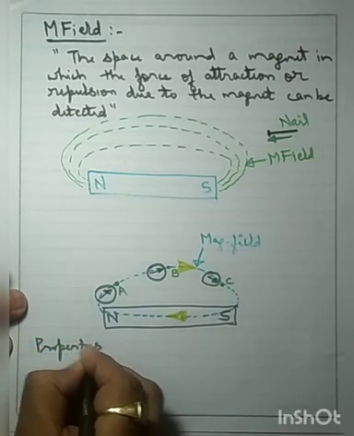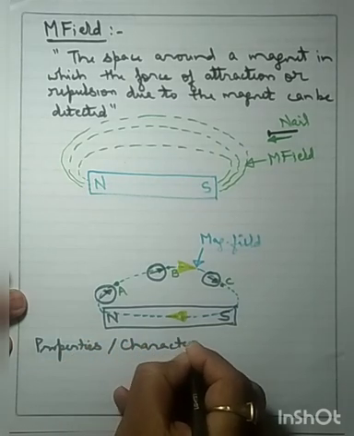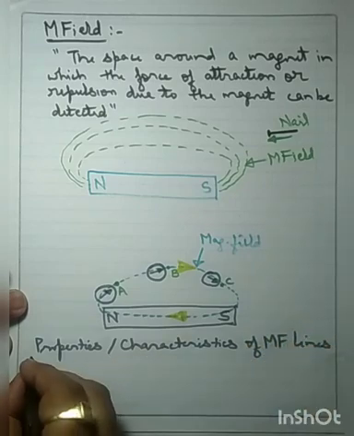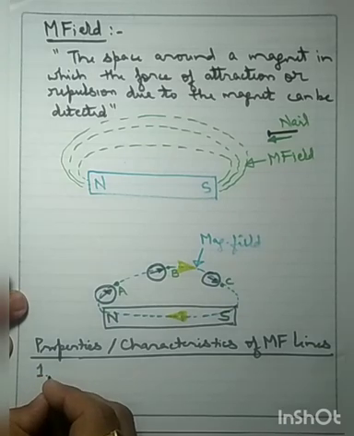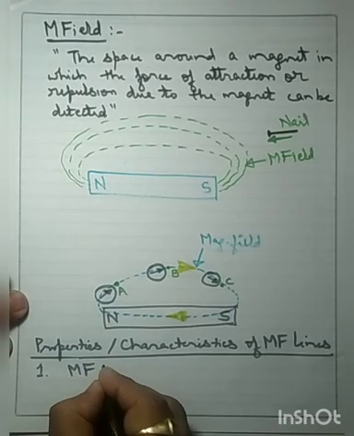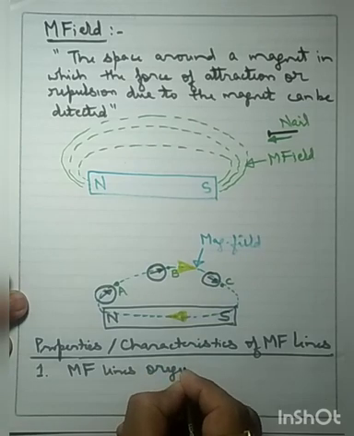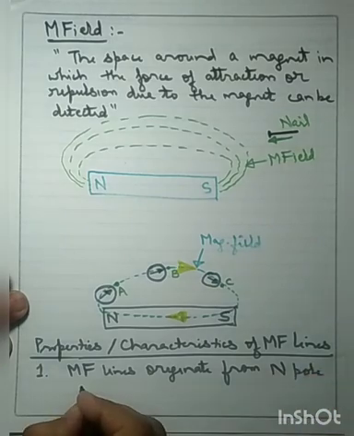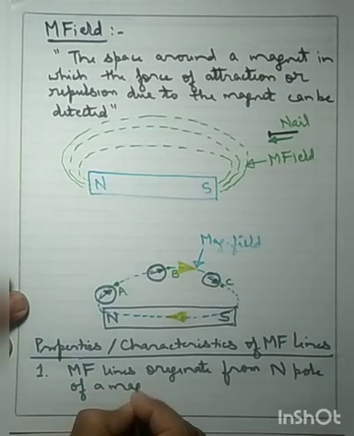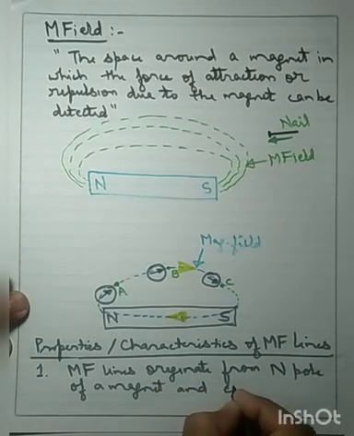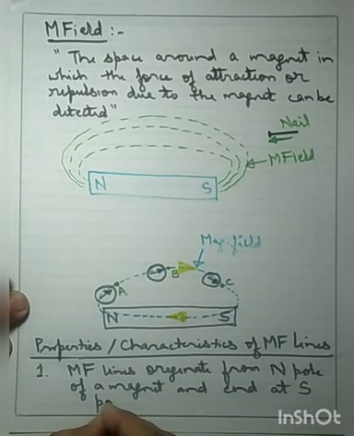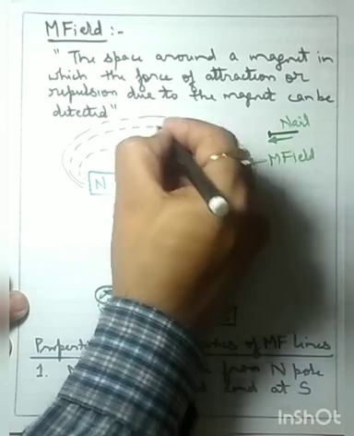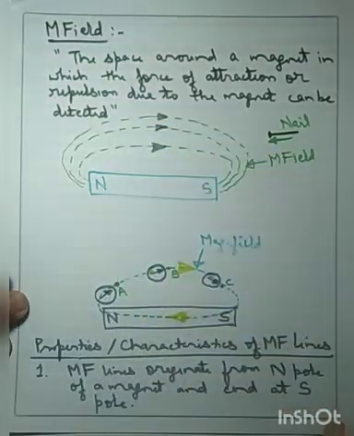The first property is magnetic field lines originate from the north pole of a magnet and end at the south pole. This is the first property. You all know that it originates from the north pole and it moves towards the south pole outside the magnet.